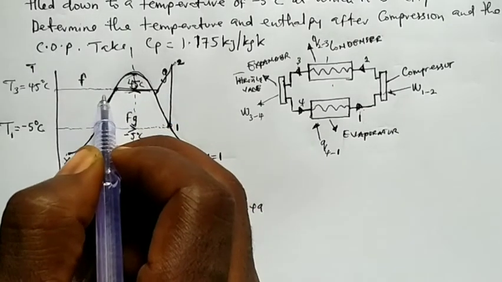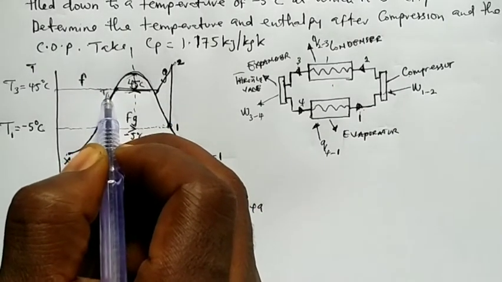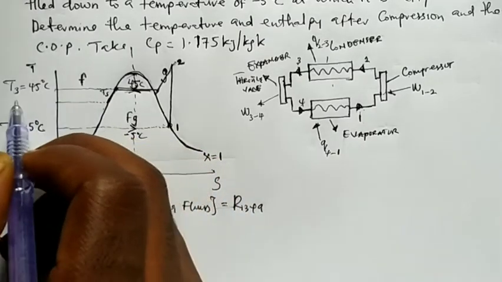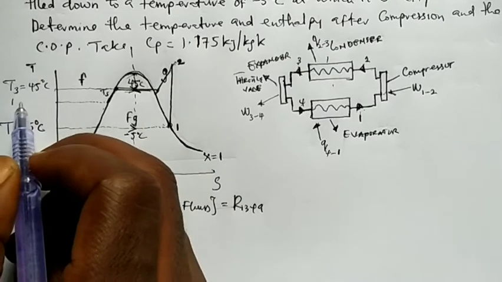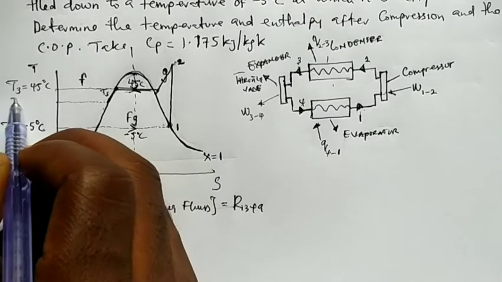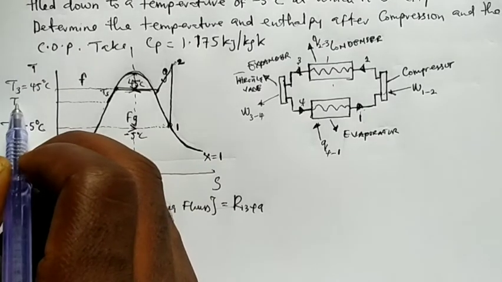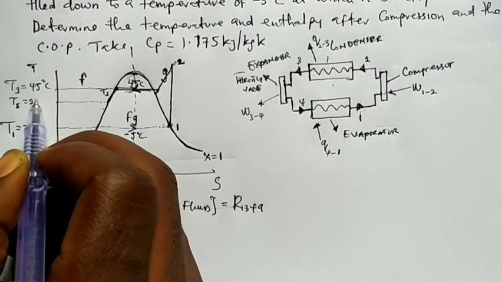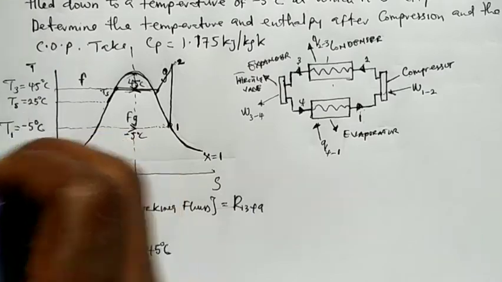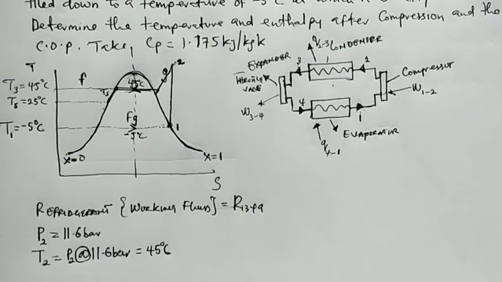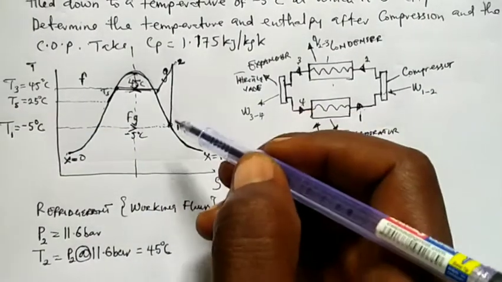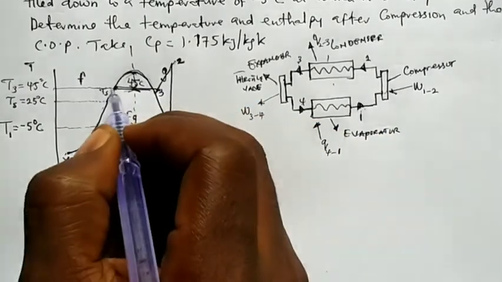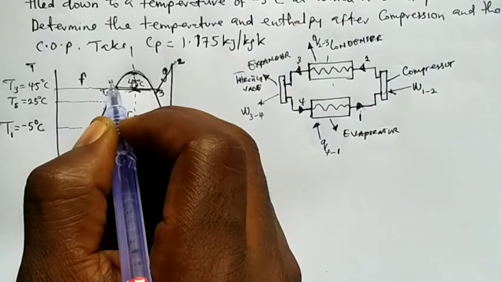They call it the subcool, TS. So at this point here, it was cooled back down to what? 25 degrees Celsius. So our TS is equal to what? 25 degrees Celsius. Are we good? So I'll call here 1, 2, and I'll call this point 3. Then I'll call here 4, right?